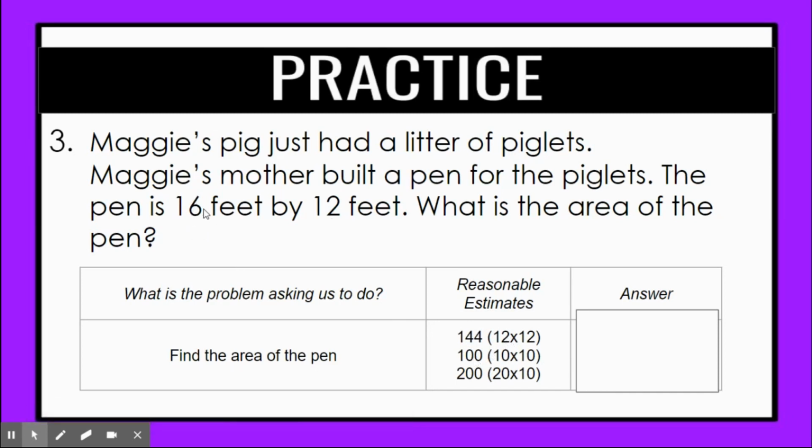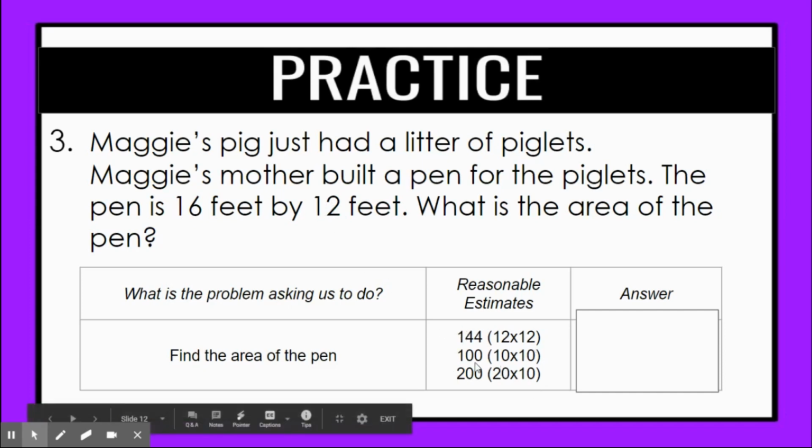Maybe you thought of 16 as being 20 because it's close to 20, and 20 times 10, because that way you'd be going up a little with the 16, down a little with the 12. So it's going to be close to these numbers. So look and see, is your estimate near some of these numbers? If they're in the thousands, then we need to work a little bit more on getting closer to what we should expect with these 2 numbers.